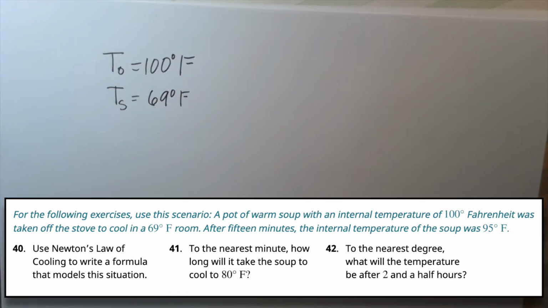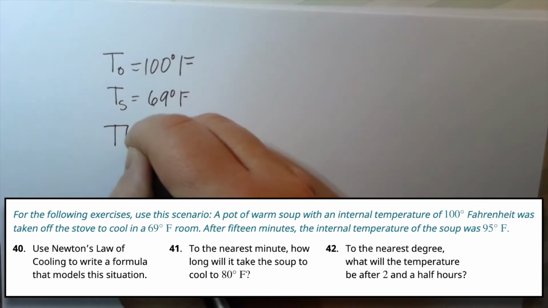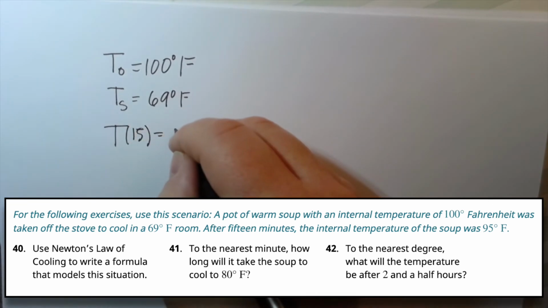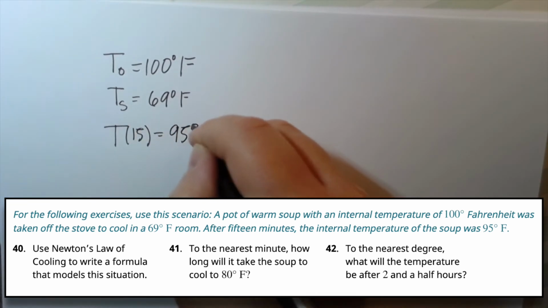Taken off the stove and let cool in a room, so our surroundings is 69 degrees Fahrenheit. After 15 minutes, the internal temperature is 95 degrees. So T of 15 minutes later is 95 degrees.